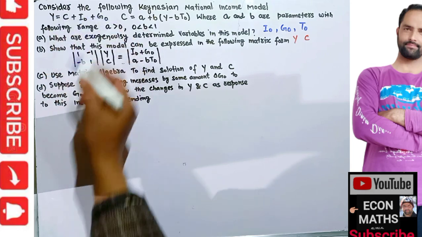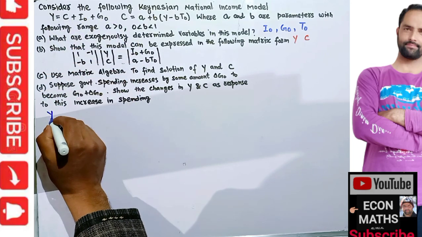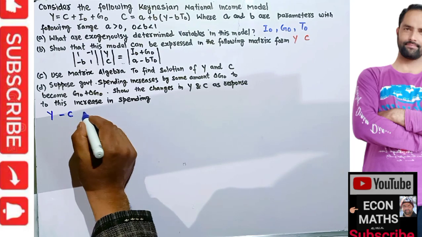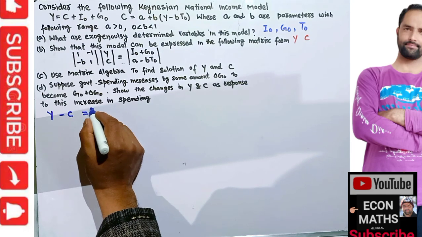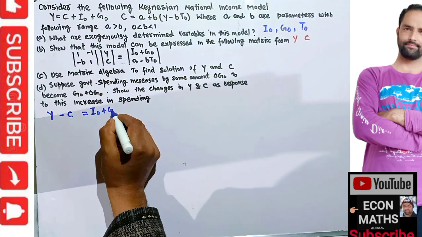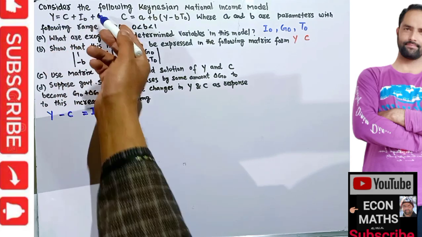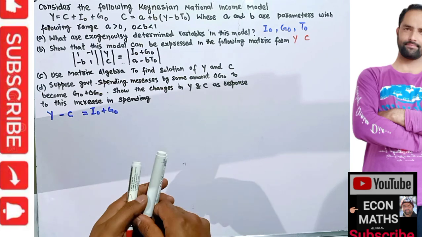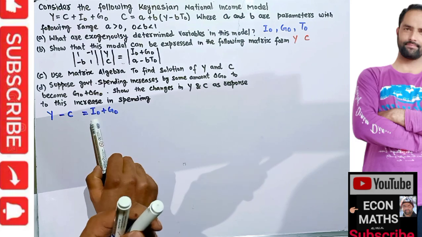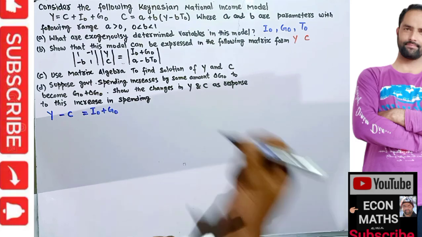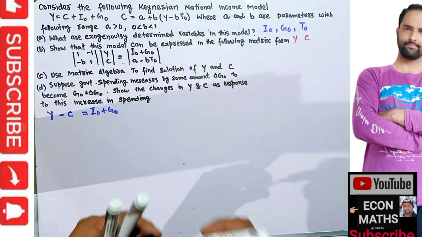So I can write this equation in this form, that is Y minus C is equal to I naught plus G naught. What I have done is rewrite this equation in such a way that all endogenous variables are on the LHS and exogenous variables are on the RHS.